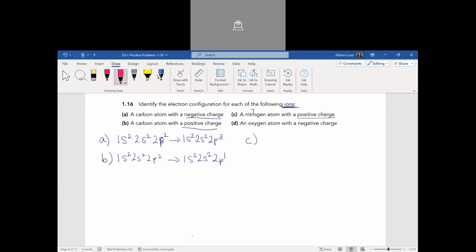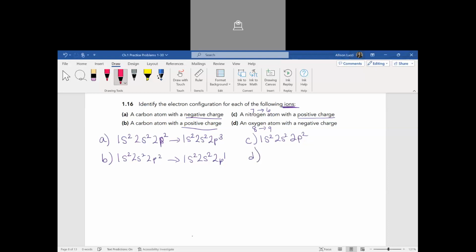We're going to go from 7 electrons to 6. And then for our oxygen, we have 8 to 9. So for the nitrogen, we're going to have 1s2, 2s2, and then we would normally have 2p3, but we have 2p2. So this would be nitrogen with a positive charge.